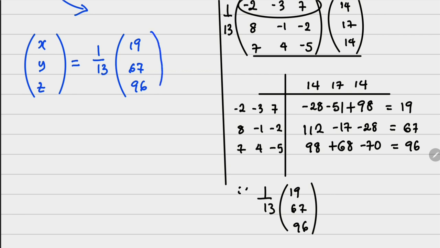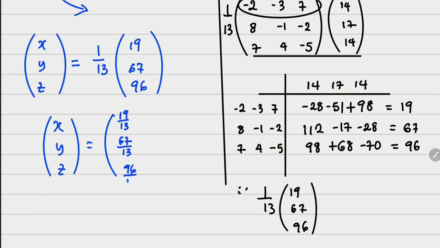Finally, this x, y, z. Now, multiplying the factor 1 over 13 into the matrix, I'm going to have 19 over 13, 67 over 13, then 96 over 13.